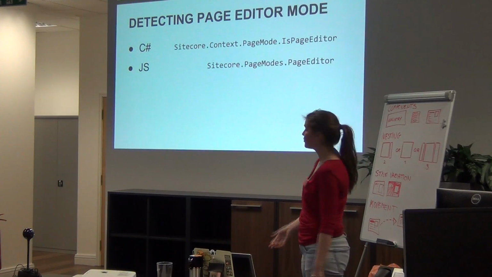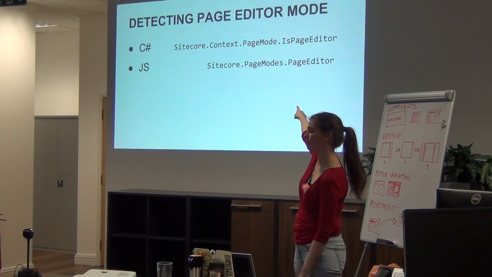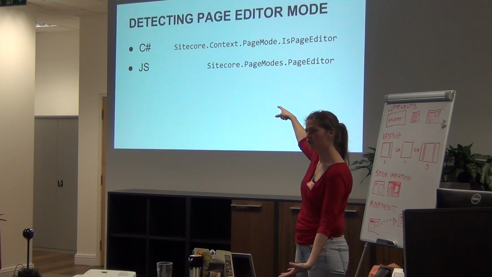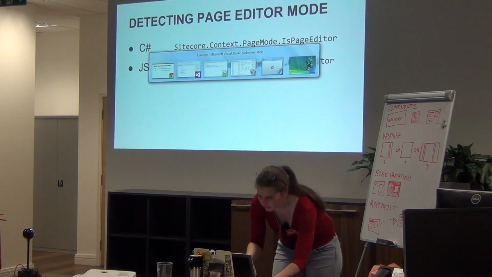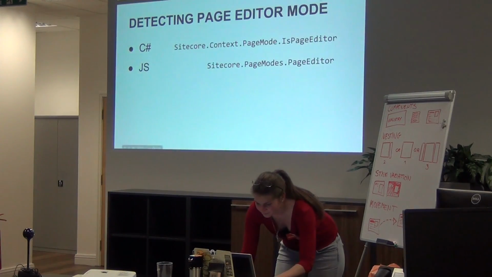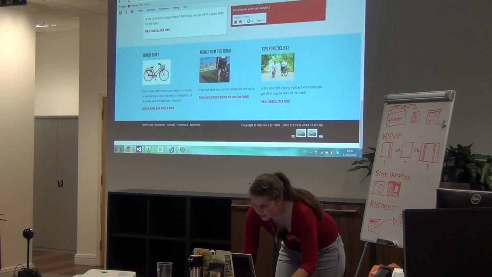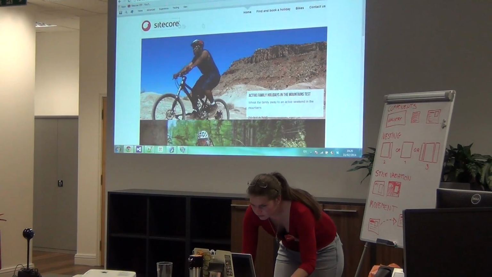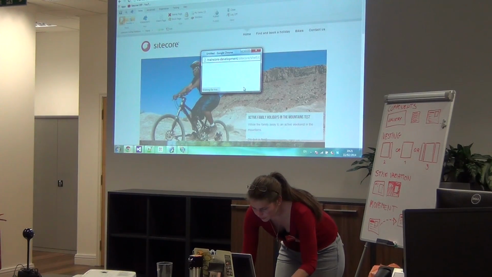The nice thing is that you can also do this in JavaScript. So there's an object called Sitecore.pageModes that appears if you've got the page editor enabled. And the way I've used that on one of the training sites is to disable animation. So if we go into preview mode here, I'm not going to save.